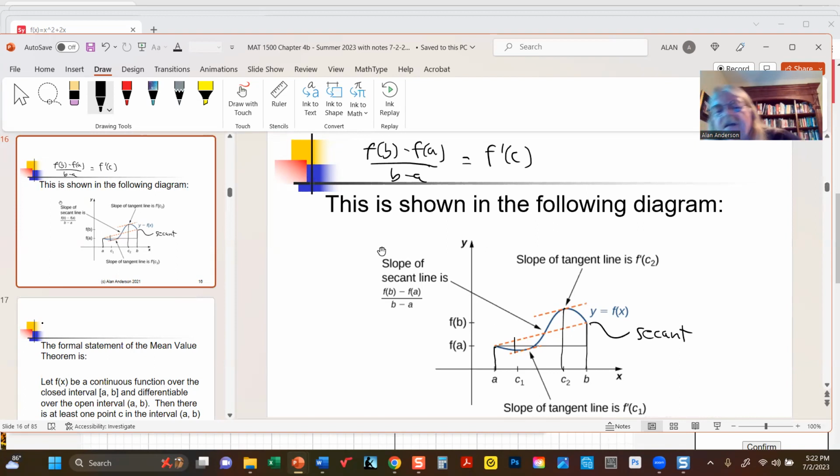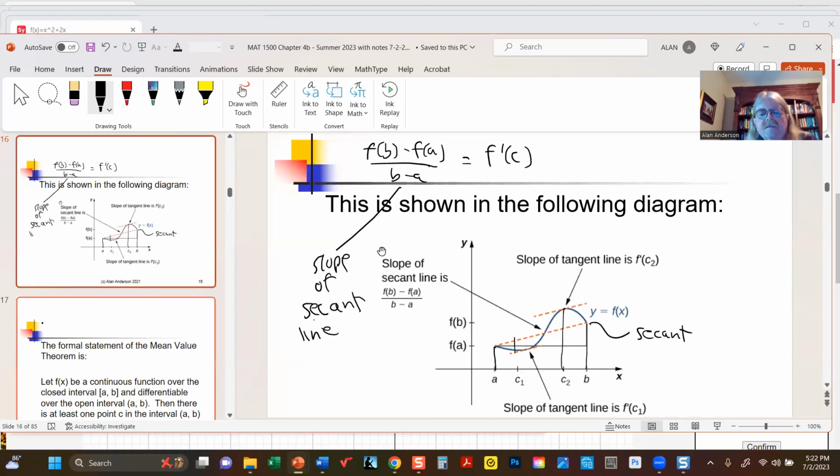But we do know that these two are equal to each other. This is the slope of the secant line, which connects A and B. And this is the slope of the corresponding tangent line.